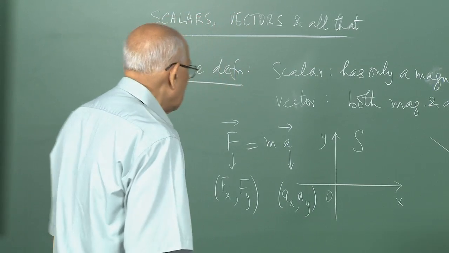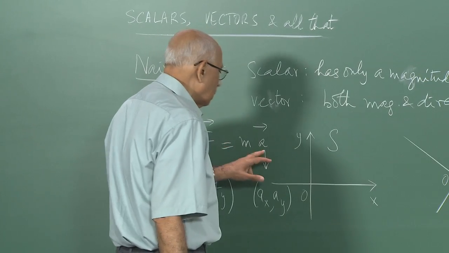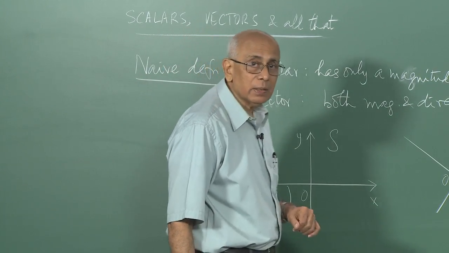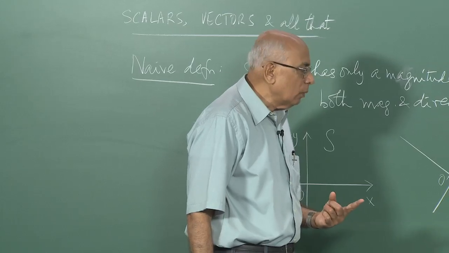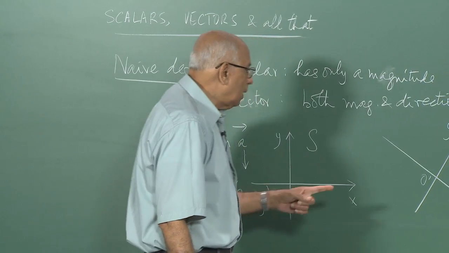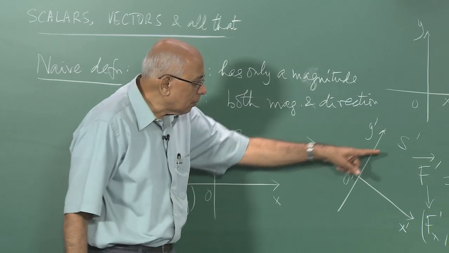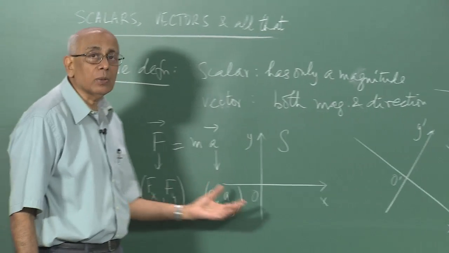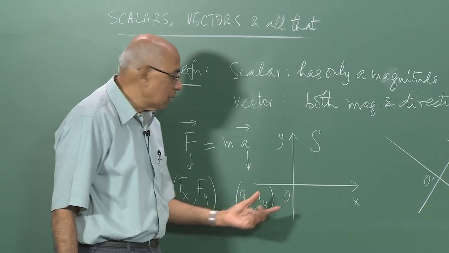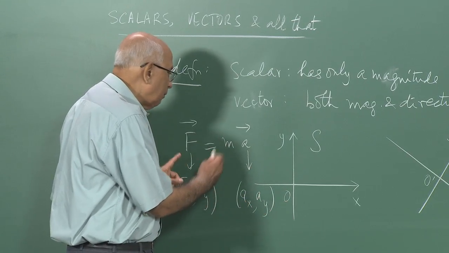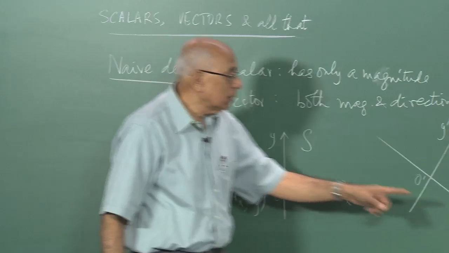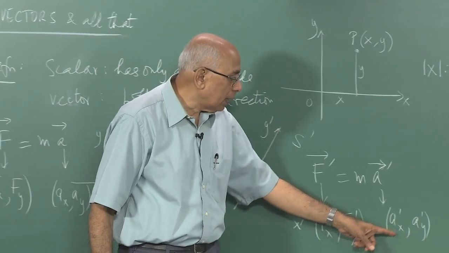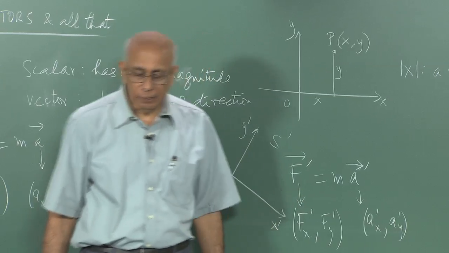In other words, this quantity f and this quantity a, vectors, must carry a dictionary in their very meaning, which tells you that if you tell me how the coordinate system S prime is situated with respect to the coordinate system S, and you give me this rule f is ma, then I predict for you what the numbers f x prime, f y prime, a x prime and a y prime are.